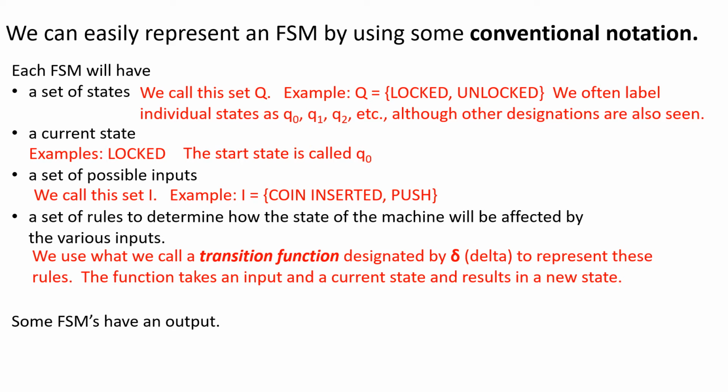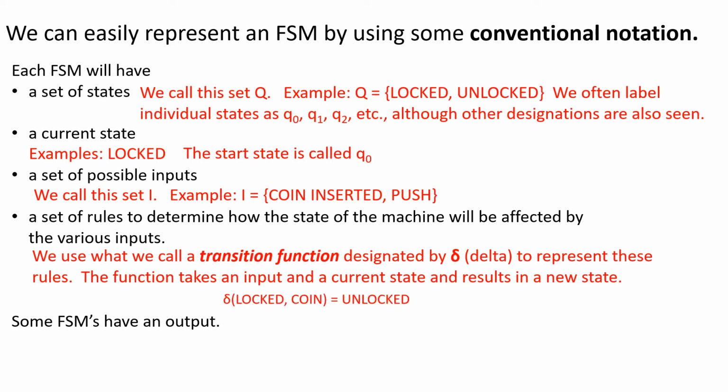So the function takes in an input and a current state, and what comes out of the function will be a new state. Usually it's as simple as that. Sometimes the output of the function will include some other things. But anyway, we'll use a function called delta for that set of rules.